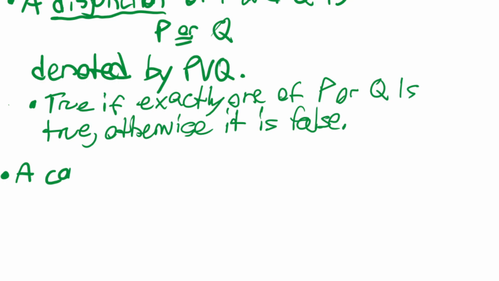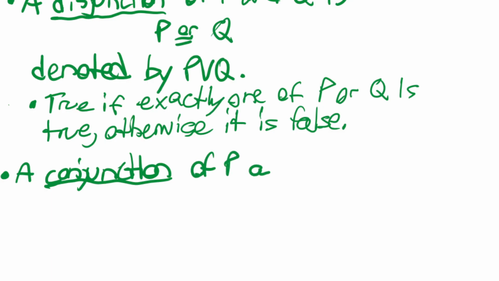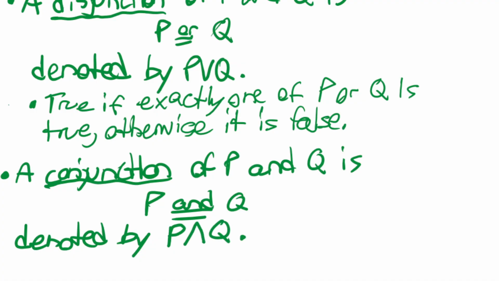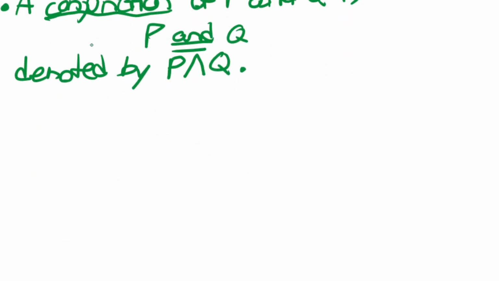And a conjunction of P and Q is P and Q and is denoted by P and Q. So a carrot top symbol represents a conjunction of two statements.